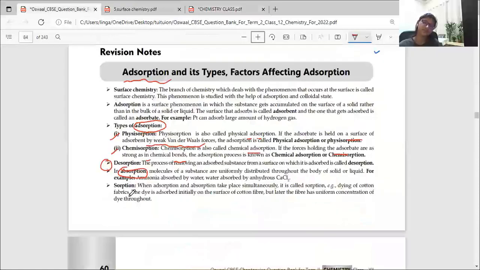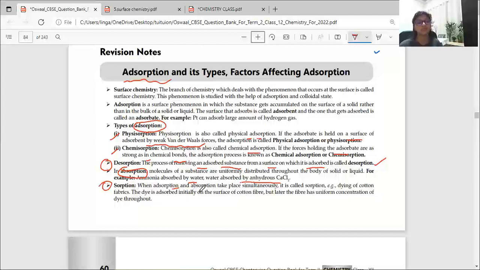The definition: the process of removing an adsorbed substance from the surface on which it is adsorbed is called desorption. Example: ammonia absorbed by water, water absorbed by anhydrous calcium chloride. Next, sorption.